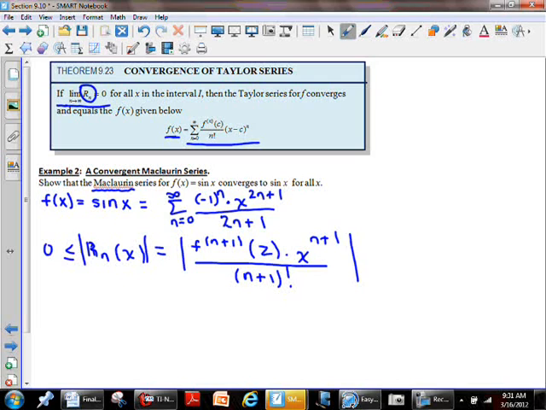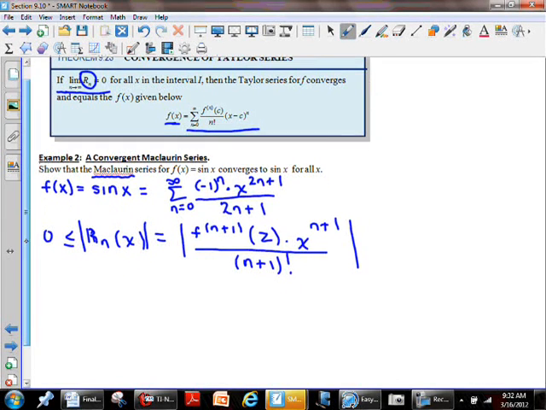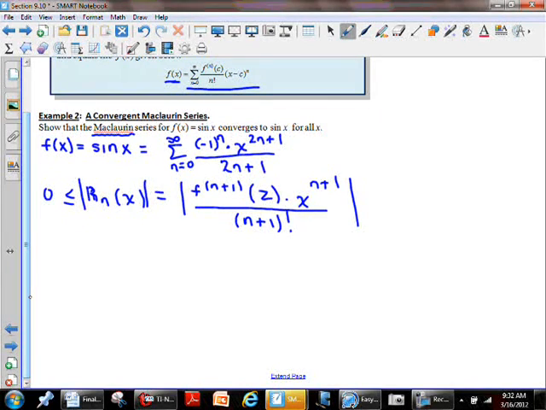Now, what we're going to have to do is focus very intently on this f of n plus 1 derivative at z. That seems to always be the problem, because we can't really find this elusive z.